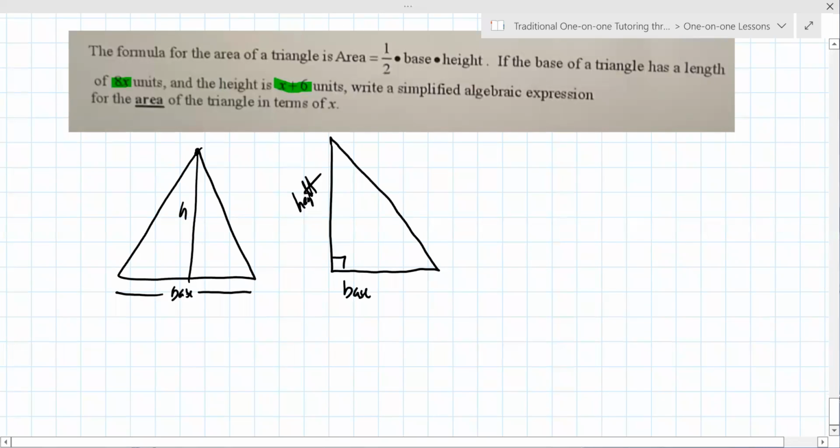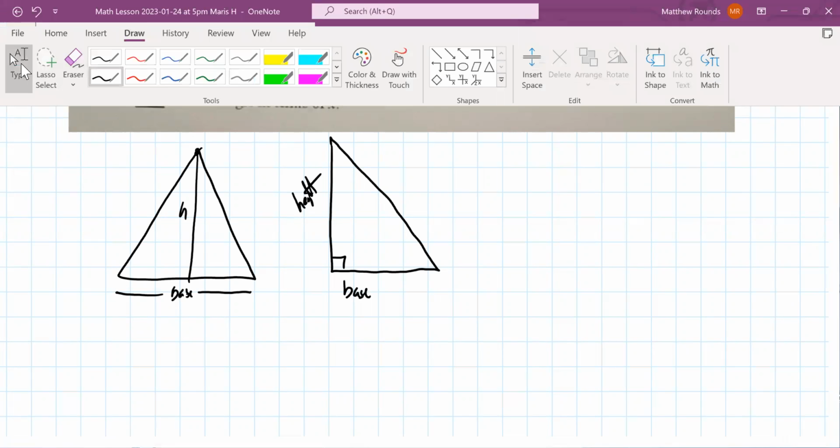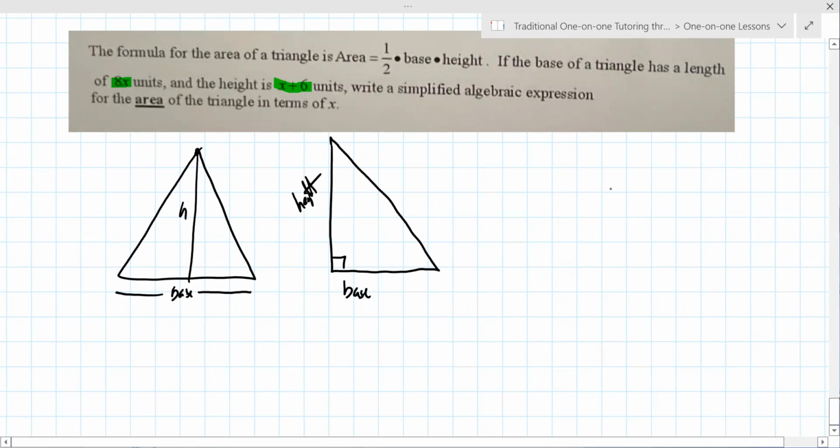Now you're more of an art person, I think is what you said. Which triangle are you drawn more to? The one here on the left, or the one sort of more in the middle? The one on the left. Okay, so we'll use that one here. The base has a length 8x.